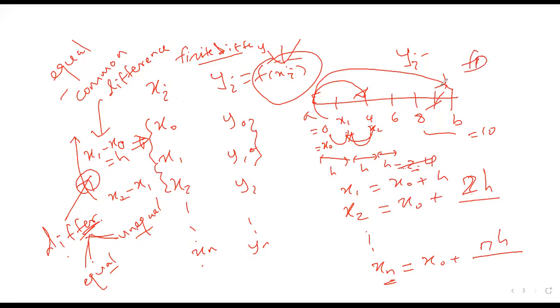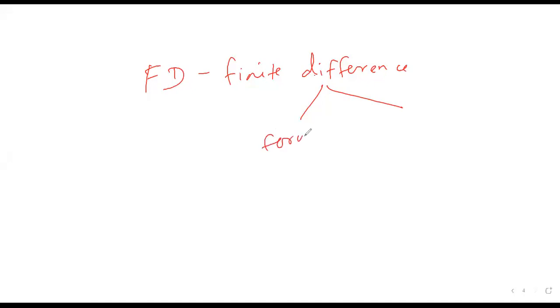Let me take the other window. Let me take finite differences. I'm using the abbreviation anyhow. You know the things. So finite difference: we have seen two cases, forward and backward, isn't it?